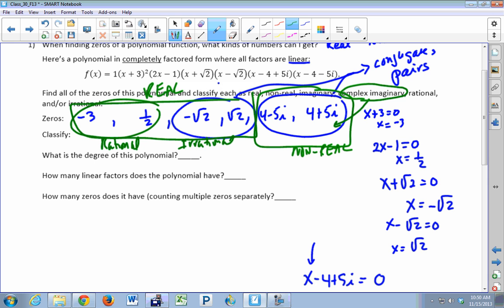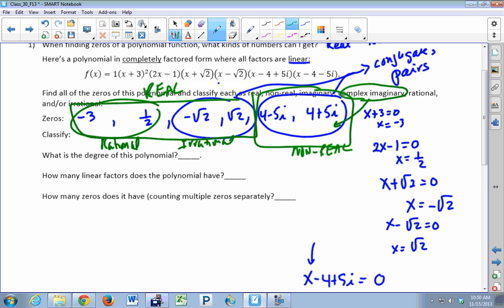So what's the degree of this polynomial? If you multiplied all those x's out, what degree would you get? Well, if we square this, what's going to be the degree of x in this first factor squared? X squared, and then you'd multiply x squared times this, you'd get x to the what?